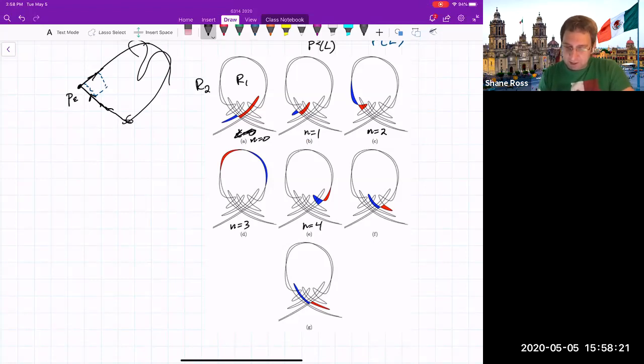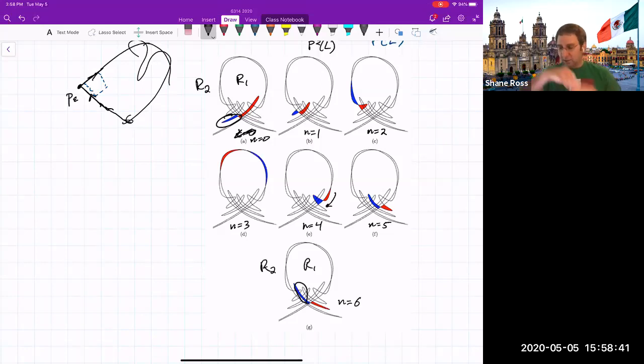They've come back down to the other side, the stable manifold side, n equals 5, and here's n equals 6. You'll notice the blue lobe that was outside region R1 at the beginning is now inside region R1. And if everything outside R1 we call R2, the red, which was inside R1, is now inside R2.